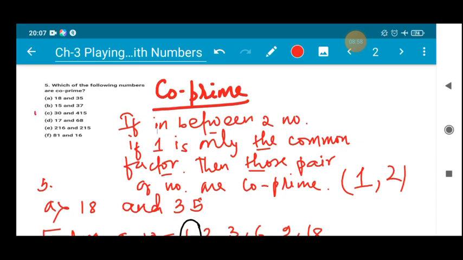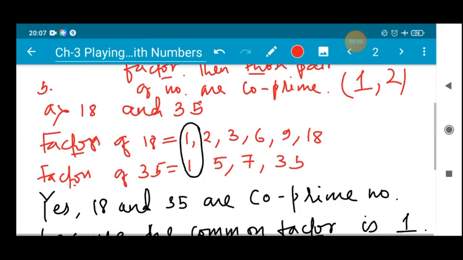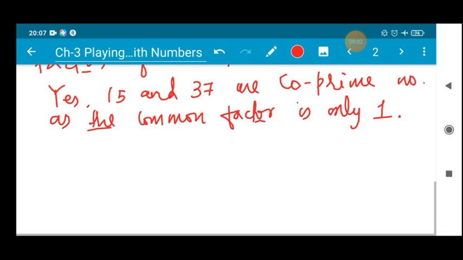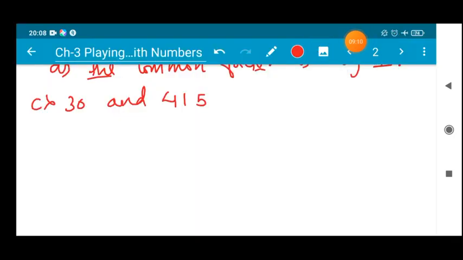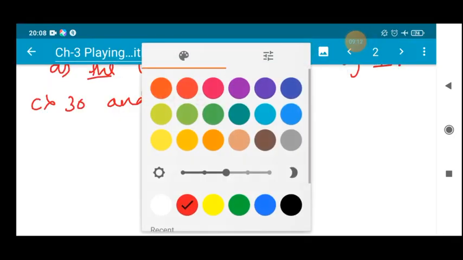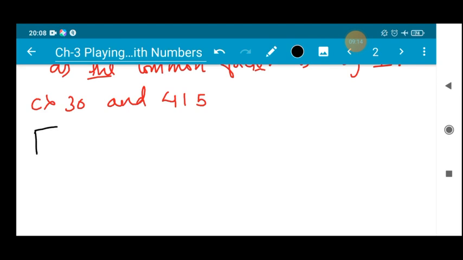Question C here is 30 and 415. Similarly here also we first have to find the factors of 30. Write down all the factors of 30 starting from 1.